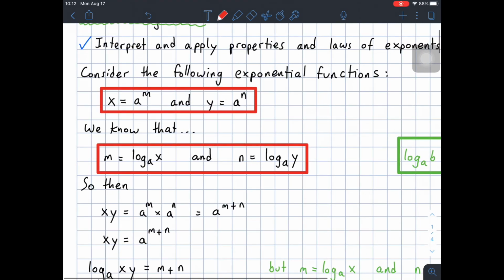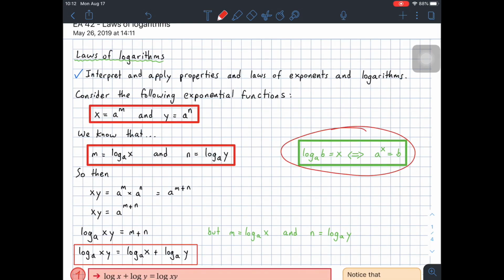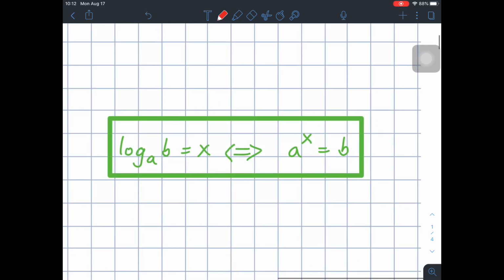So if we consider this, we know that by definition, if you remember the first property of logarithm we saw in the last class, if we have a to the power of x equals b, we can rewrite this as this. Remember the rule. It's a to the power of this is equal to this. So a to the power of x is equal to b, which is exactly what we have written there.